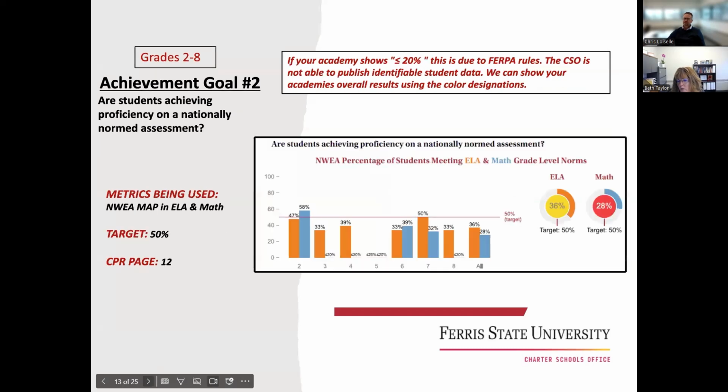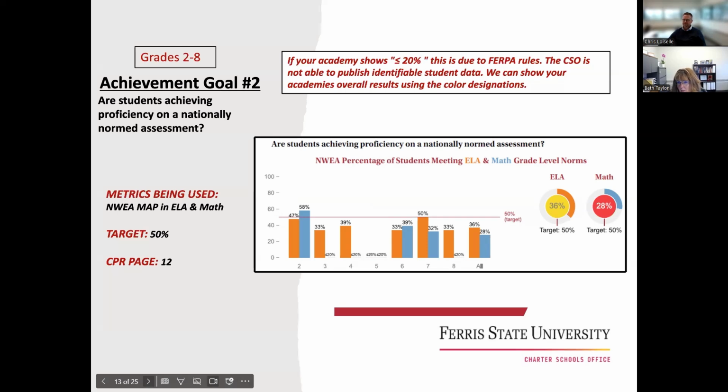Keeping in mind too, that we are using this data to help us identify the areas of support for your academies. Once we have all of our scores in, that's when we'll look at whether you have met your contractual goals. We're still currently waiting on the index scores, and we're hoping to have them in the next couple weeks.